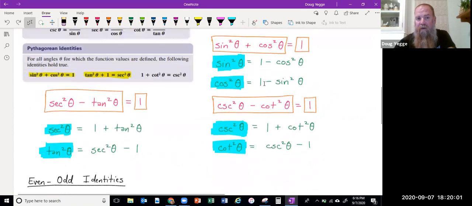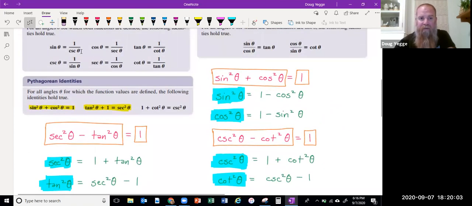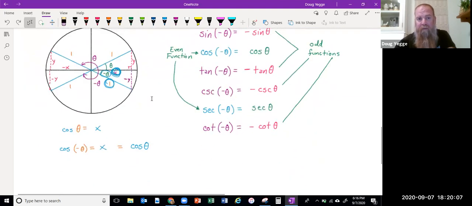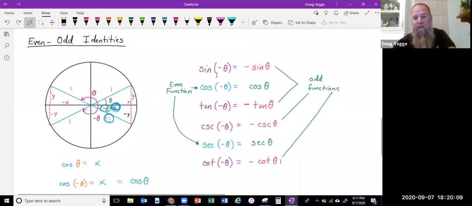So notice that all the rest of these have just theta involved in the identity, while sometimes we'll see identities or expressions that have negative angles. The first thing we'll do is eliminate those negative angles by turning them into their positive thetas and then either pull out the negative or erase it.